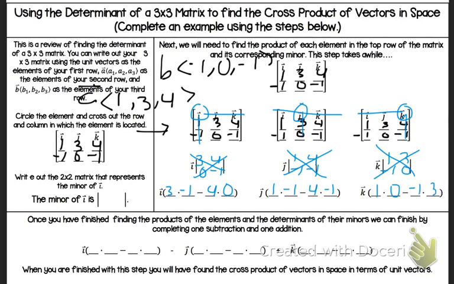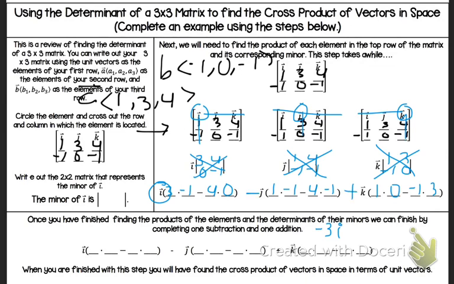Then we can go ahead and simplify. So basically we get -3 minus 0, so that's going to be -3i, because that's our i vector. Then this is minus plus.